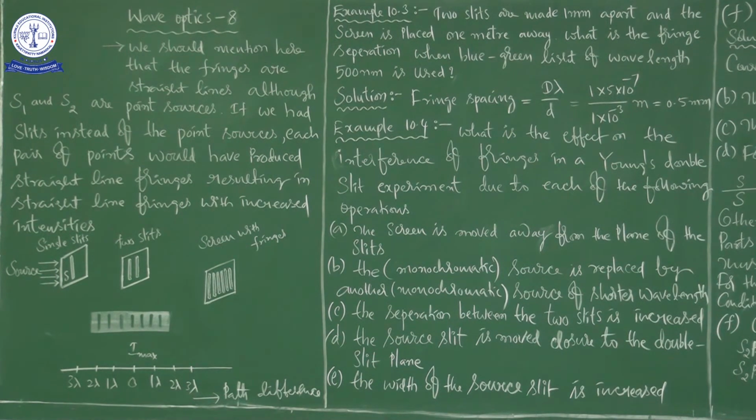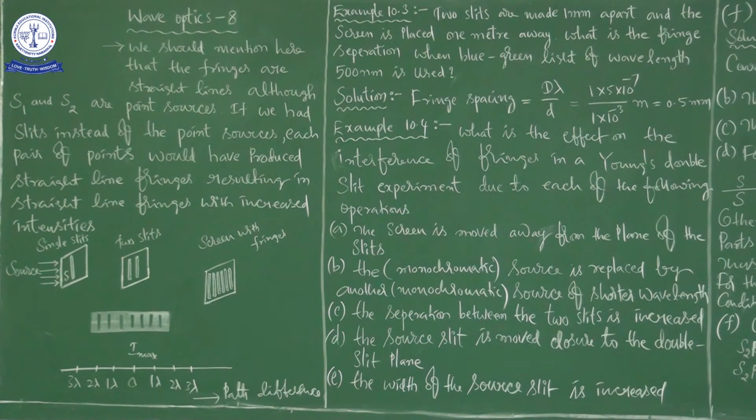So if the screen is moved away from the plane of the slits, there is no change in the angular separation. But the actual separation of the fringes increases.